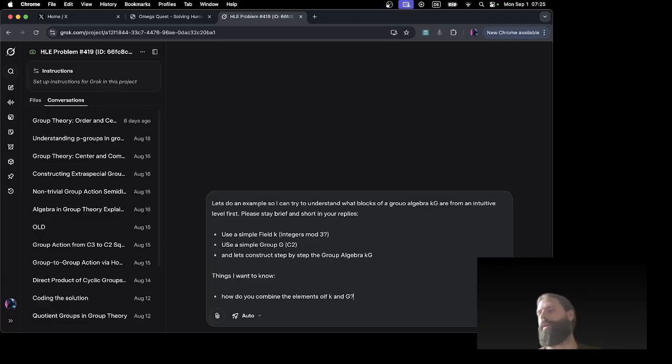What I solidified in that conversation was basically a few things. We know that a group algebra is a vector space.